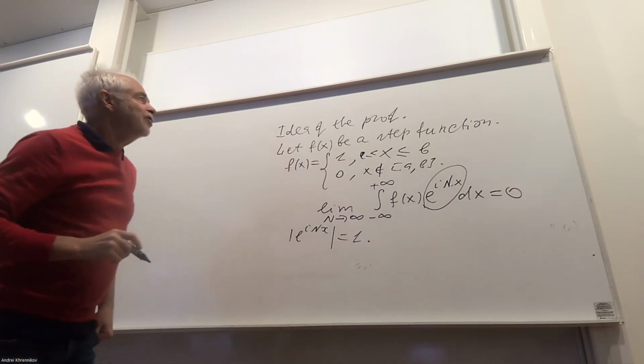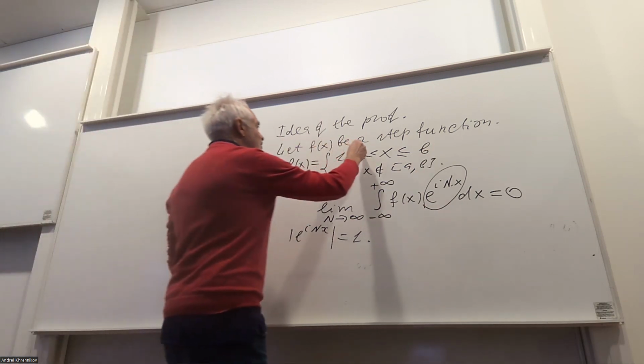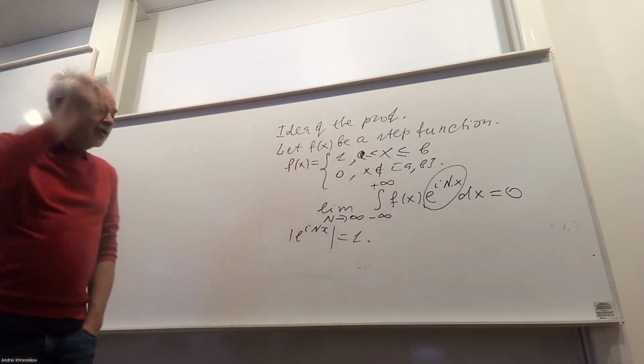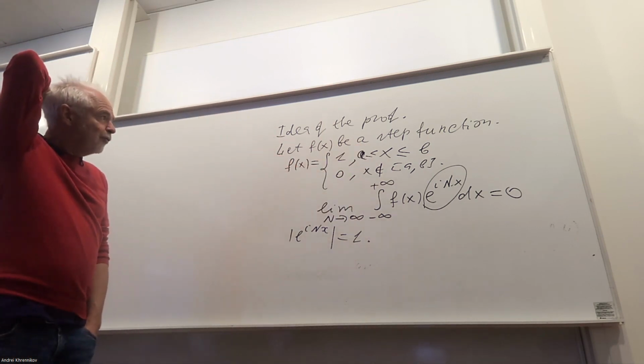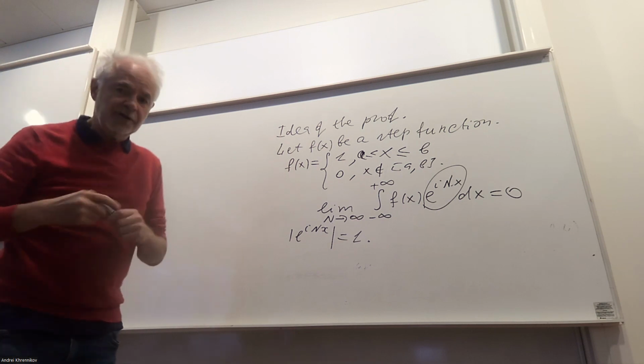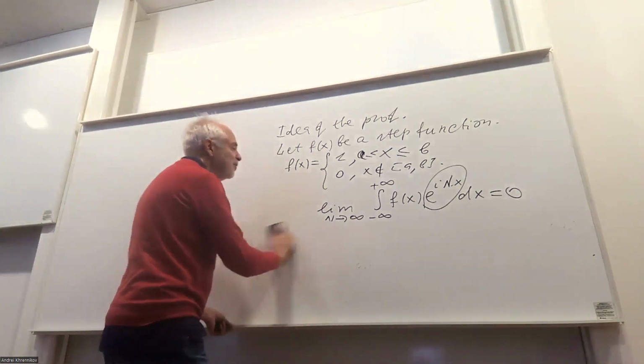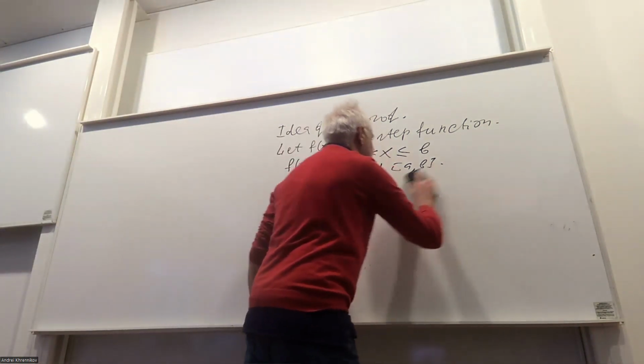It is 1 only on the segment [a, b]. Of course it's integrable and bounded. So let us prove the Riemann-Lebesgue lemma for this function. It is trivial, in fact.